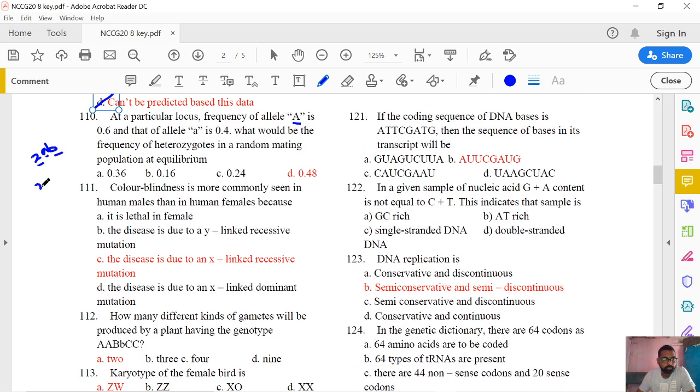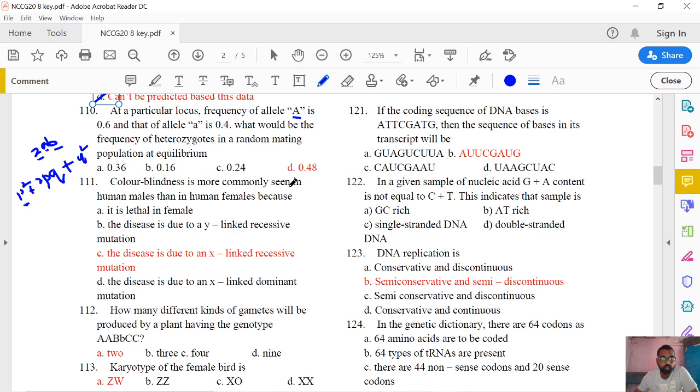Or in probability terms, we just take it as 2pq. This is how you have to calculate. As we have seen in the Hardy-Weinberg equilibrium, p square plus 2pq plus q square, where p square is the frequency of the homozygous dominant genotype, q square is the frequency of the homozygous recessive condition, and 2pq is the frequency of the heterozygous condition.